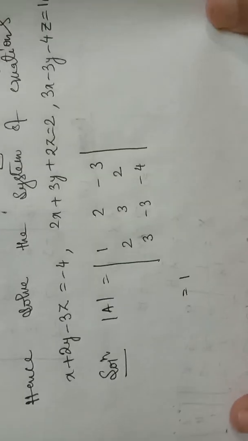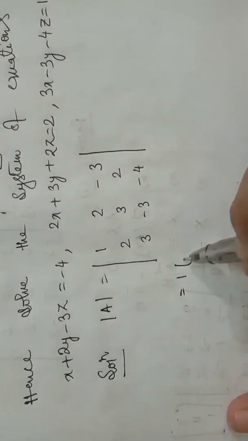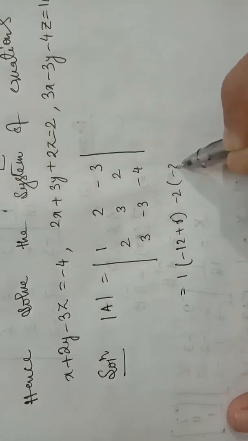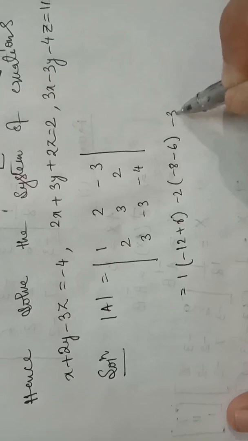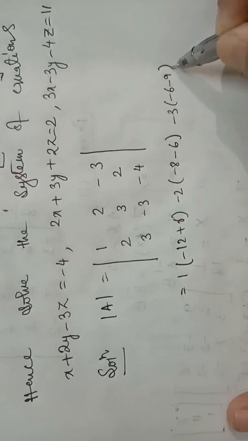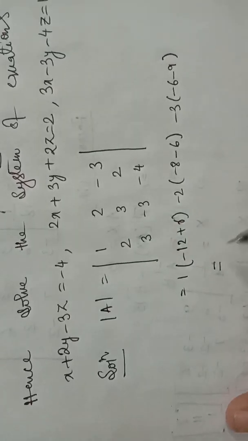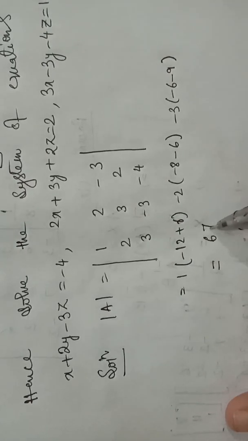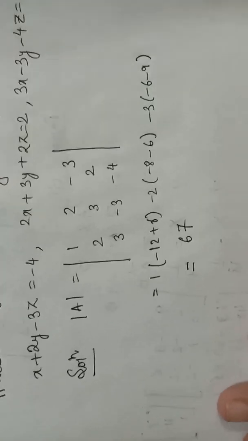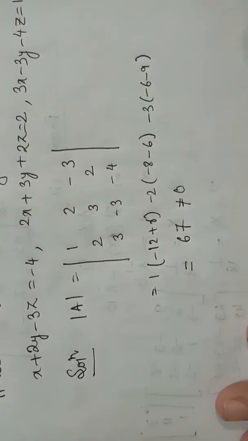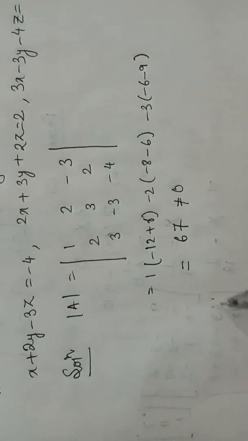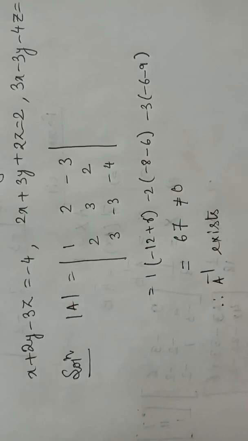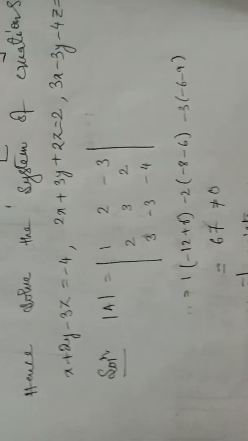This equals 1 into minus 12 plus 6, minus 2 into minus 8 minus 6, minus 3 into minus 6 minus 9. If you simplify, this will be 67. And clearly det A is not equal to 0, and as det A is not equal to 0, therefore A inverse exists.